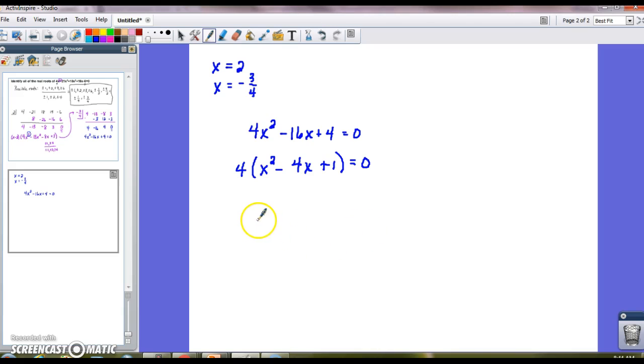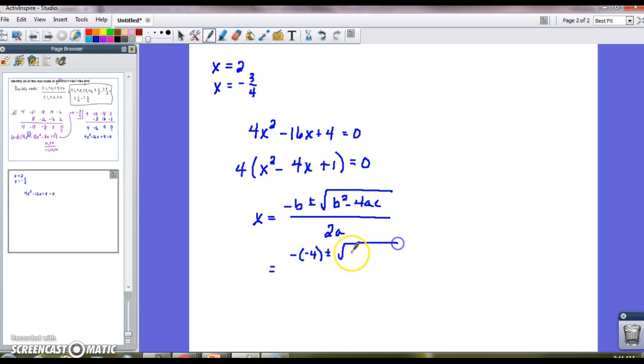I'm going to go ahead and use the quadratic formula. x equals -b plus or minus the square root of b squared minus 4ac, all of that over 2a. So that would give me minus -4 plus or minus the square root of -4 squared minus 4 times 1 times 1, all over 2 times 1, and that would give me 4 plus or minus, right, because a negative times a negative makes that positive.